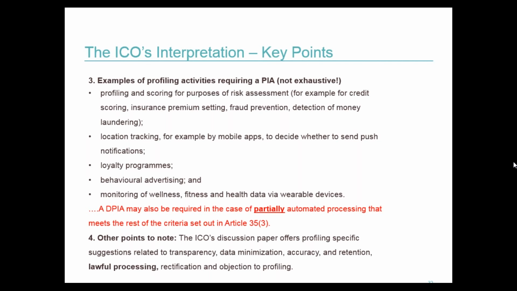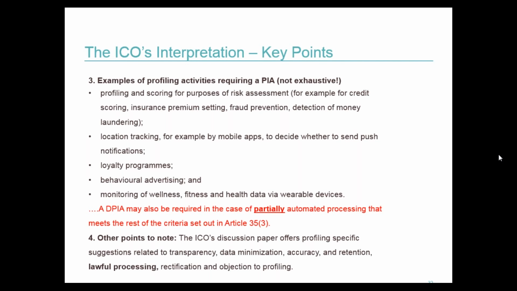And crucially, which I suppose will depend on how far solely is interpreted, they were indicating here that if the decision is partially based on automated processing, then it could still require a DPIA.